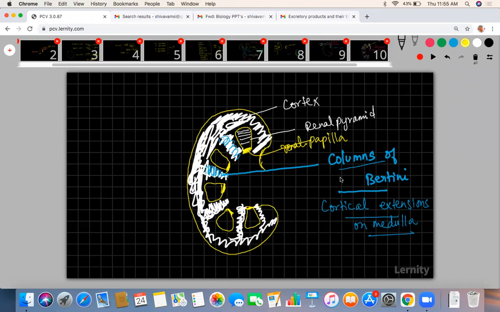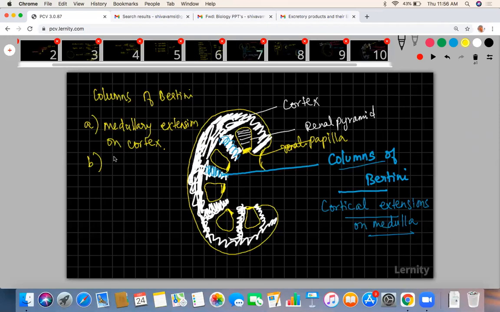Some two years back this was an important question which was asked. What are columns of Bertini? Option A said medullary extension on cortex.